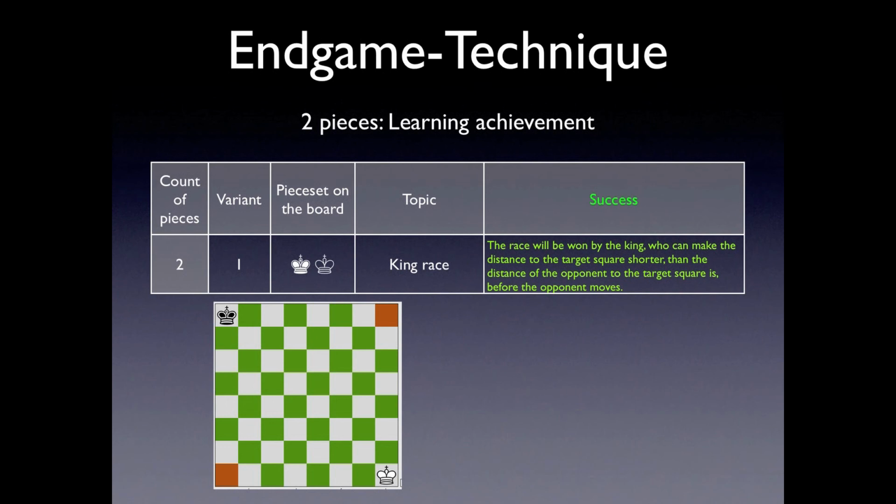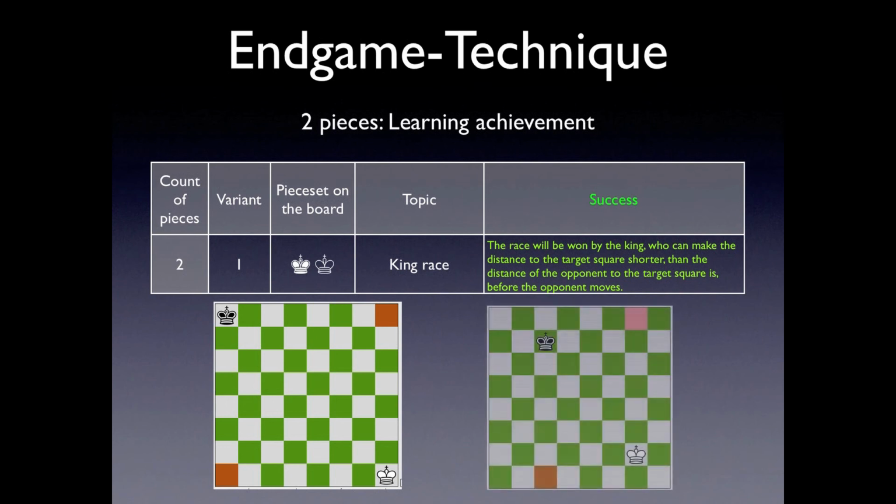And in the second position, it was first black to move, but he has only equalized the distance to his target field from 7 fields to go to 6 fields, which also has got the white king to move 6 fields. But now, since black already has moved, it's white to move.